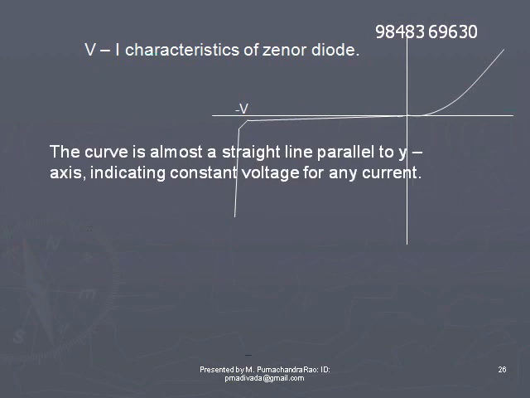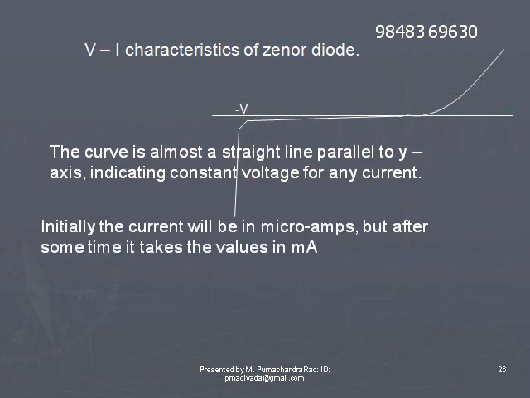But when the reverse bias voltage reaches the breakdown voltage, -P in the figure, we notice that the current is increasing very sharply. At this voltage, there is a sharp increase in current and the increase continues as the voltage is increased. But the Zener breakdown voltage remains the same. The curve is almost a straight line parallel to the y-axis.